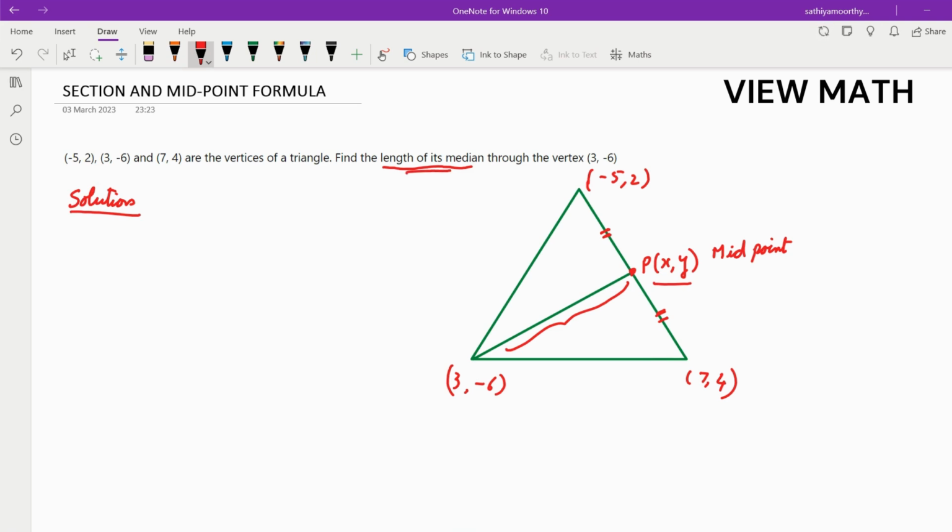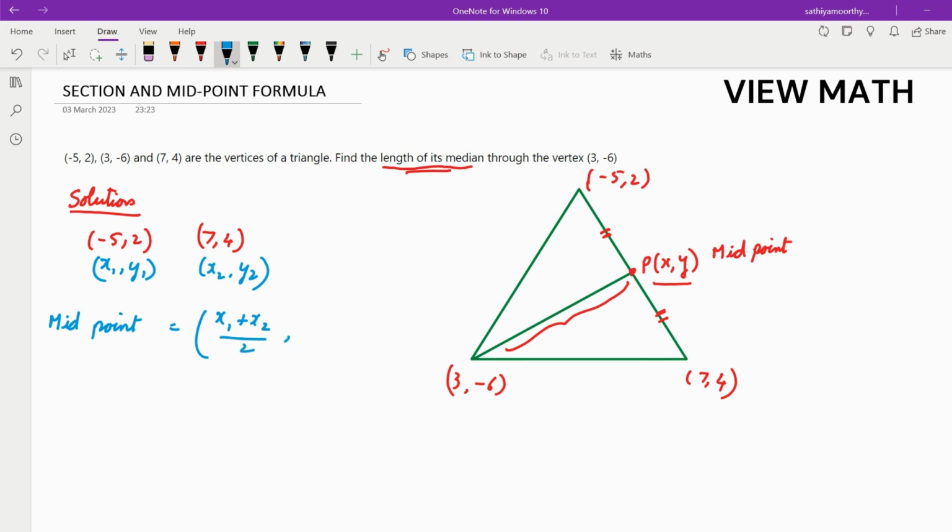Now here the points are minus 5 comma 2 and 7 comma 4. This is my x1 comma y1 and this is x2 comma y2. So I'm going to find out the midpoint. Let me write the formula: x1 plus x2 by 2 comma y1 plus y2 by 2.